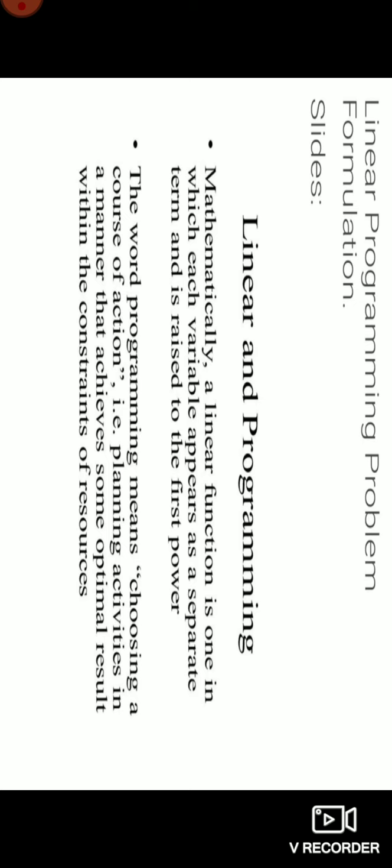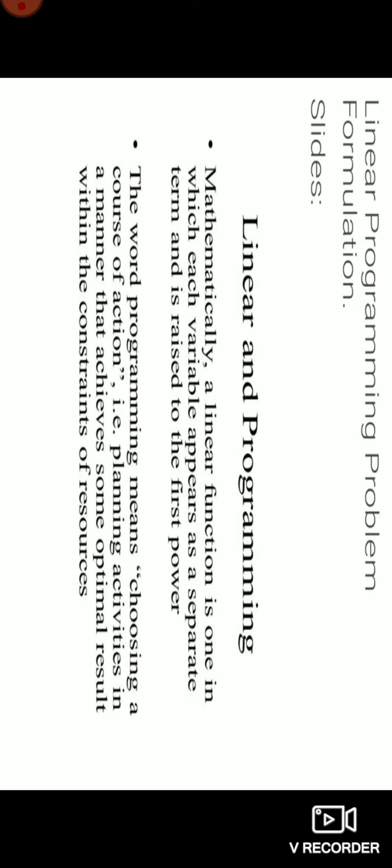Linear and programming, these are two separate words. The first definition explains linear. Mathematically, a linear function is one in which each variable appears as a separate term and is raised to the first power. That means linear.